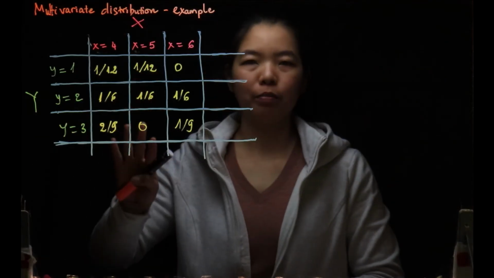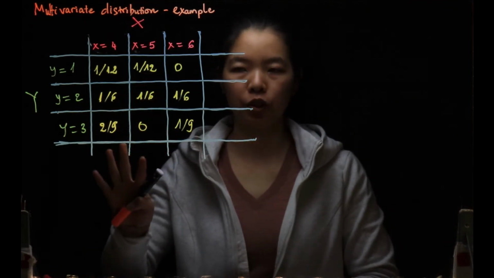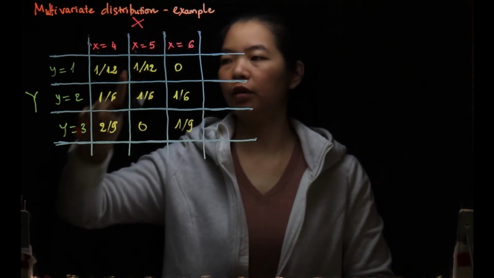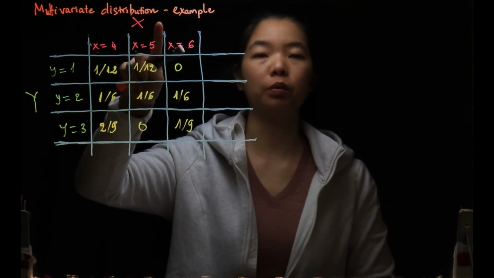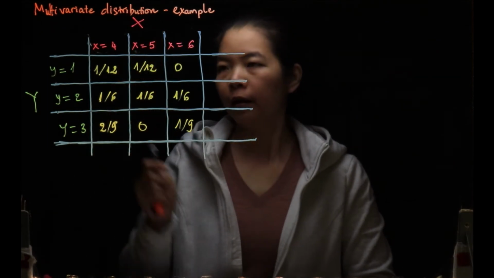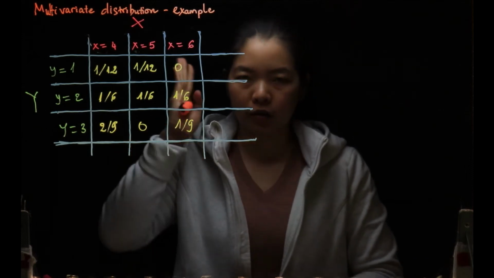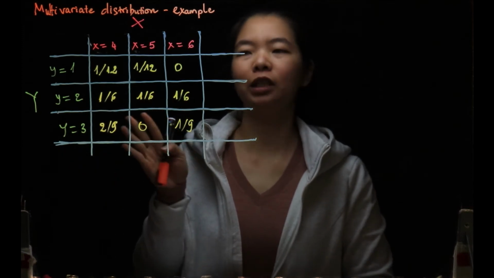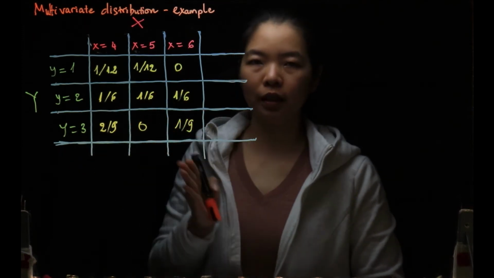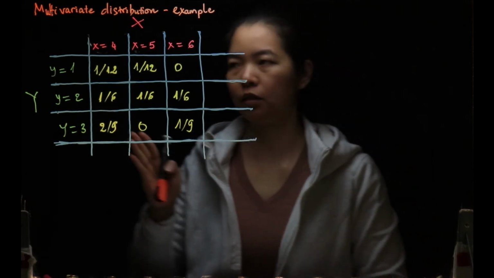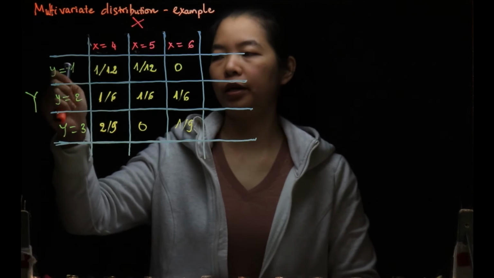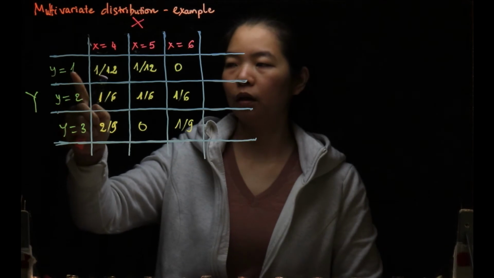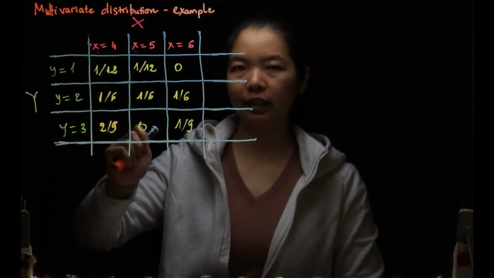So here is one example of a multivariate distribution, in this case bivariate, two variables. So we consider a random variable y and another random variable x at the same time. To make it easier for our mind to grasp, I just make a discrete case, but try to train your mind a bit to link it back to the continuous case, okay? So now my random variable y has three possible outcomes: either y equals 1, 2, or 3.